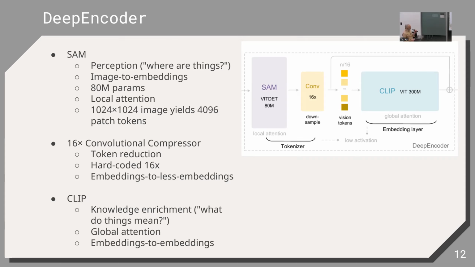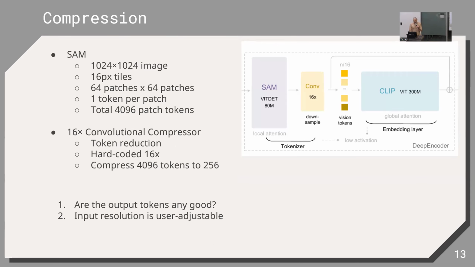So we take an image, go through the SAM model and produce embeddings, we compress the embeddings, and then we send them to the clip model to say, what does this mean? The clip model is using global attention, and that's why they want to compress things so much: to save on computation.